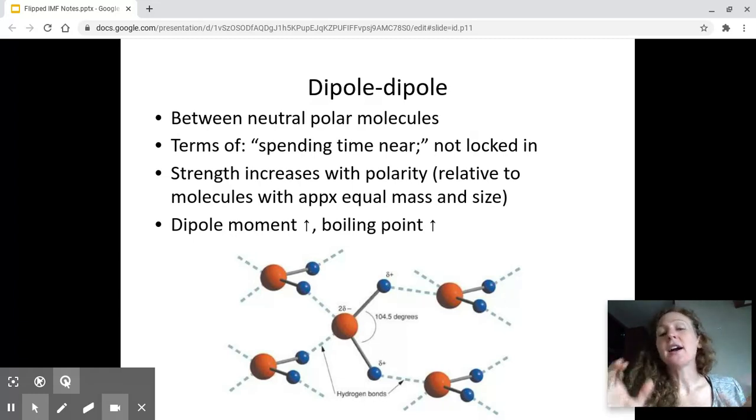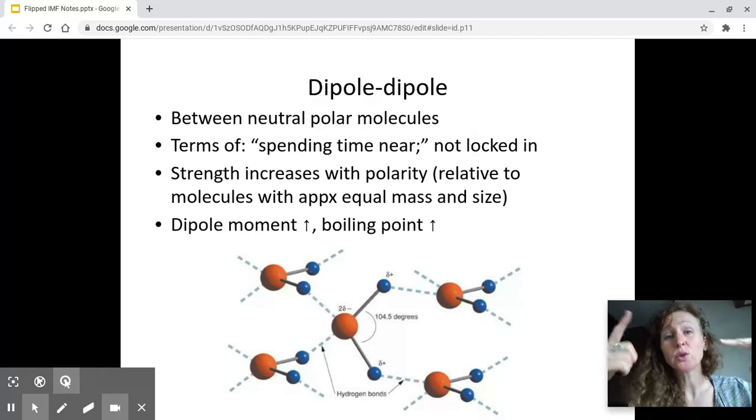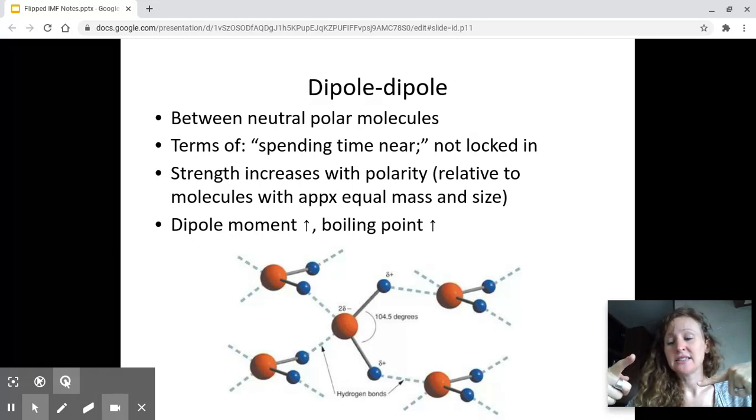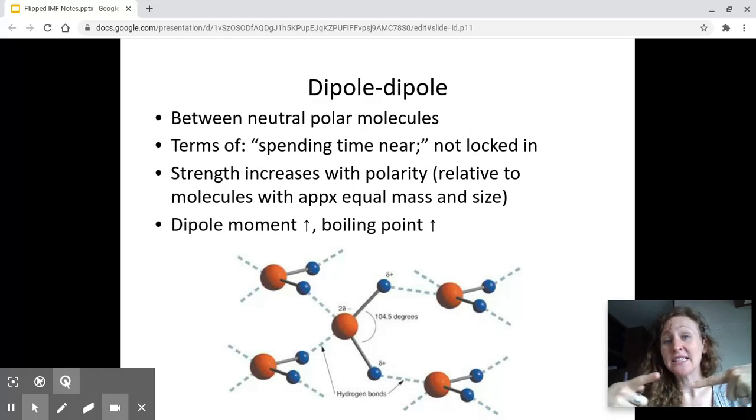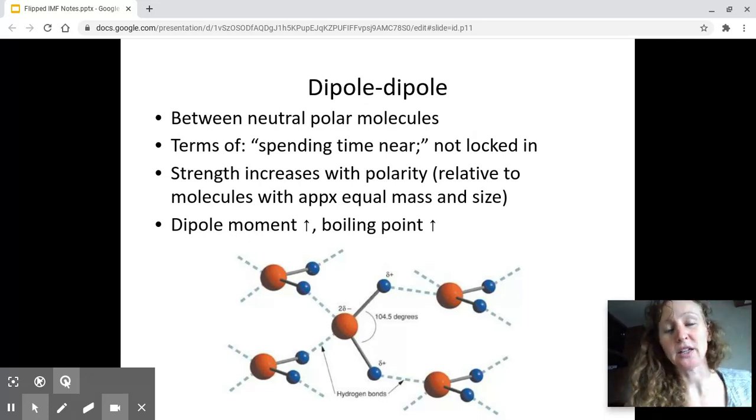We talked about the nuts and bolts of it: a dipole-dipole intermolecular force is when two different molecules each have a dipole, and the partially negative end of one is attracted to the partially positive end of a different molecule. That causes a force between the two molecules, which is a dipole-dipole intermolecular force.